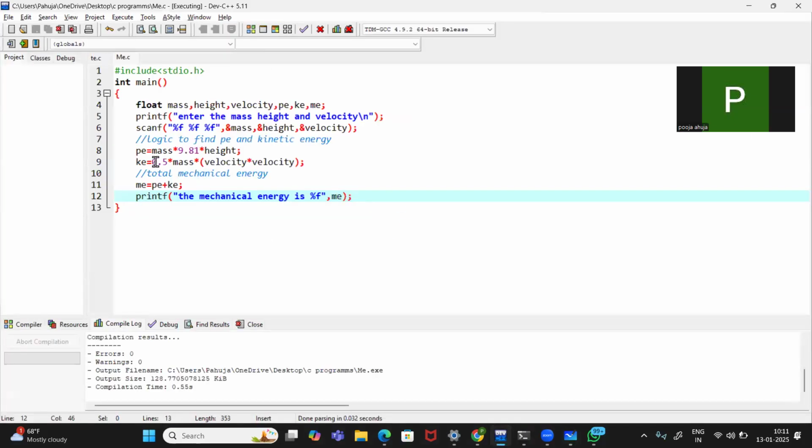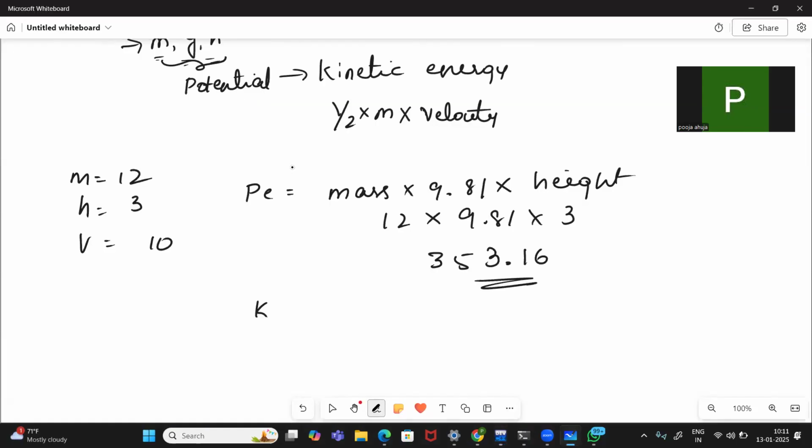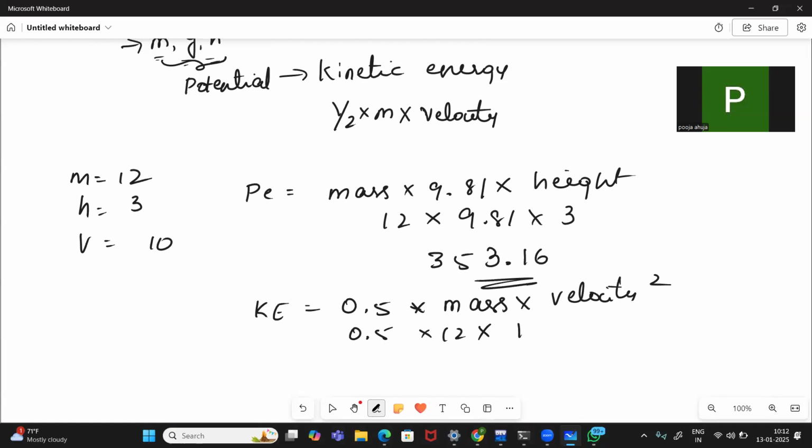And now, what is the next logic in the code? Kinetic energy. How do I have to calculate? 0.5 star mass star velocity, that is 0.5 mass velocity square. So 0.5, mass is 12, velocity 10 square is 100. So I can directly write 10 into 10.